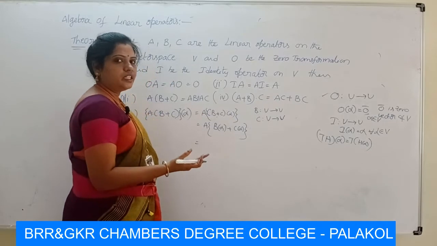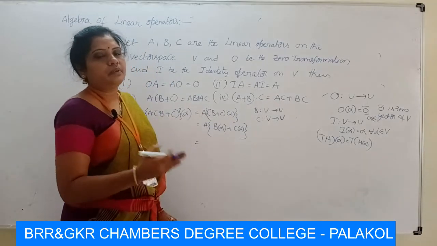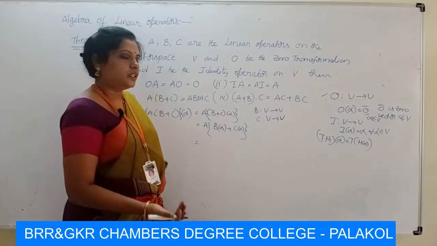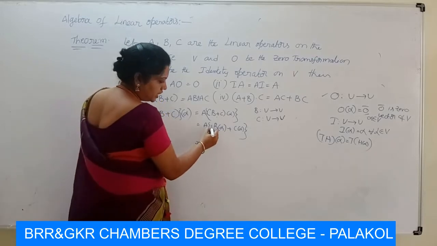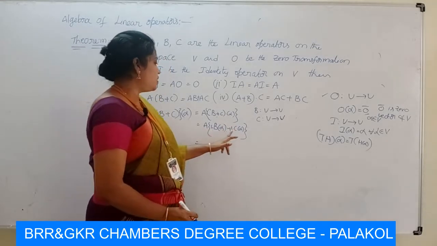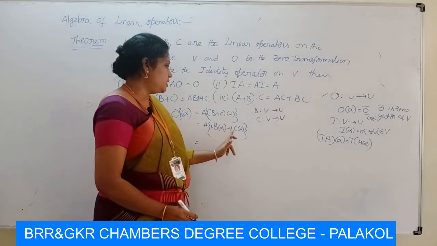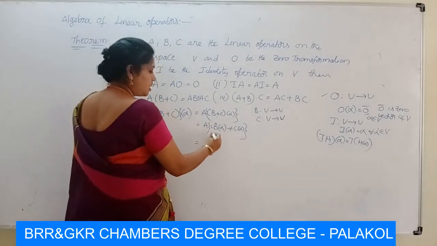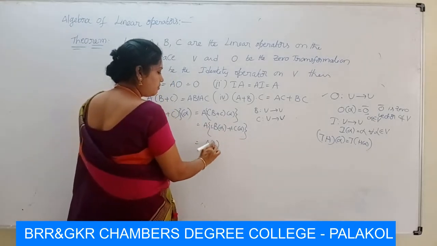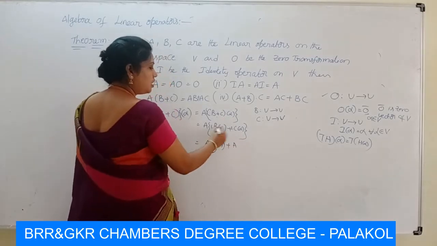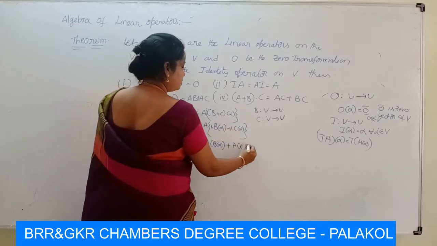By the definition of a linear transformation, T of a alpha plus b beta is a into T of alpha plus b into T of beta. Here a and b are scalars, so we can write A of B of alpha plus A of C of alpha.